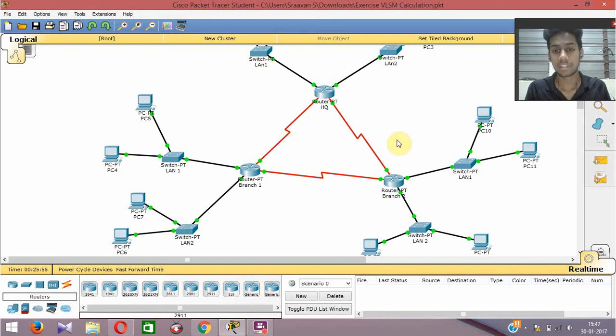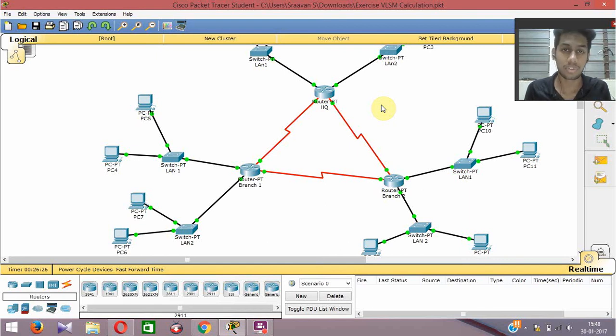Another interesting part is that we need to assign separate networks for the interconnection of these routers. These routers have to be interconnected using a separate network so that they can communicate between themselves. We need two host addresses. Since we need only two host addresses, the minimum requirement would be 4, because we need two host addresses, one network address and one broadcast address.